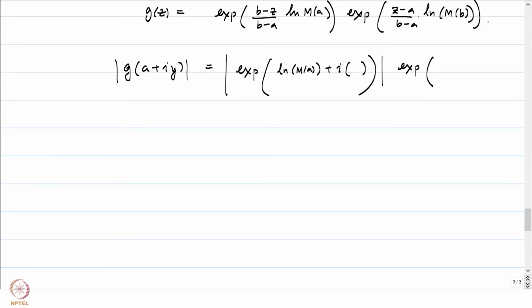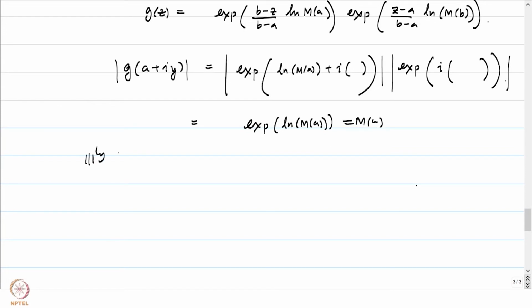In this case, the real part will be 0 and there will be i times something, which again I will not write down because the absolute value will not contribute. Here this is going to be equal to 1. The thing which I have just marked will also contribute 1, and this is going to be equal to the exponential of log m of a, and that's equal to m of a. And very similarly, we can conclude that the absolute value of g of b plus iy is going to be equal to m of b.